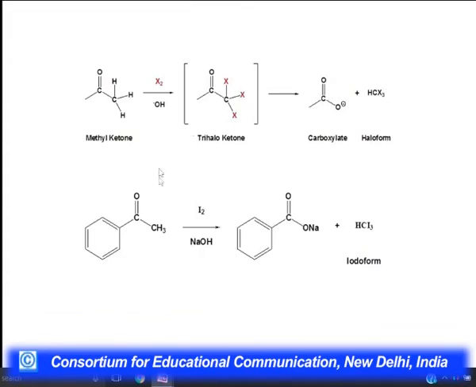So if we do the reaction of acetophenone, which is a methyl phenyl ketone, with iodine in presence of NaOH, all the 3 hydrogens will be replaced with iodine, resulting in the formation of iodoform and sodium benzoate.